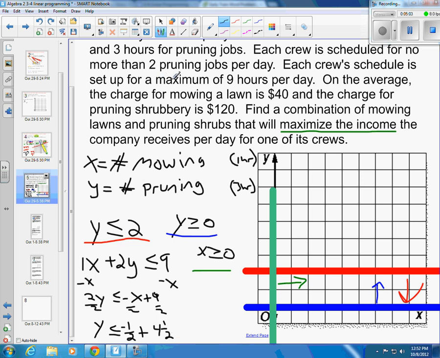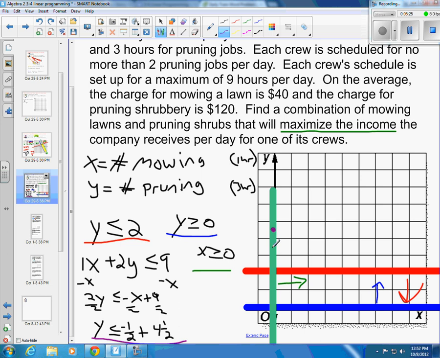Okay, so then I'm ready to grab my last equation there, and I need a color. So why don't I grab purple? We'll do that one in purple. To graph that one, I need to go up to 4.5. So 1, 2, 3, 4.5 is right about there. And I'm coming down 1, forward 2.